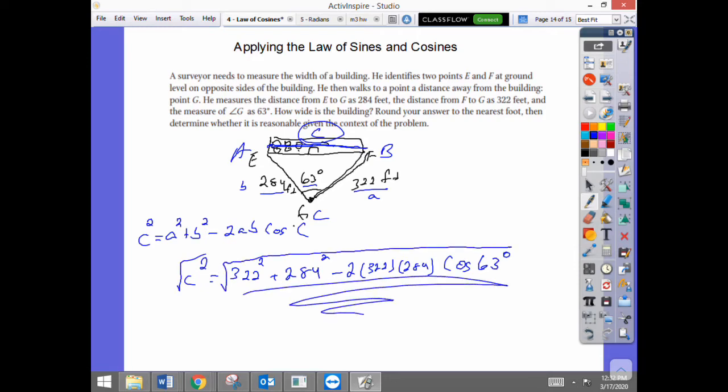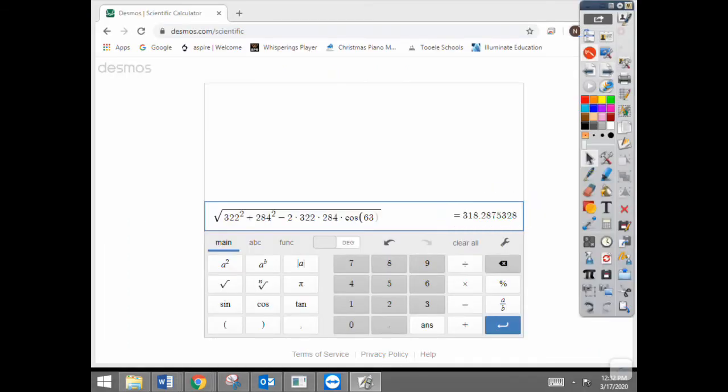So that is what I'm going to enter into my calculator. Square root of 322 squared plus 284 squared minus 2 times 322 times 284 times the cosine of 63.